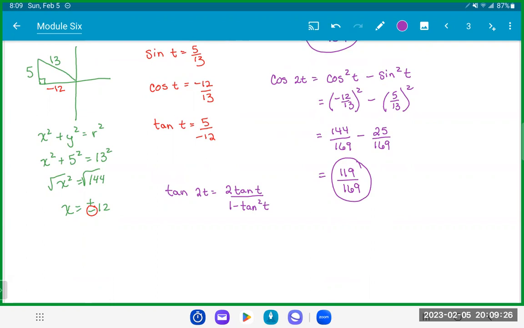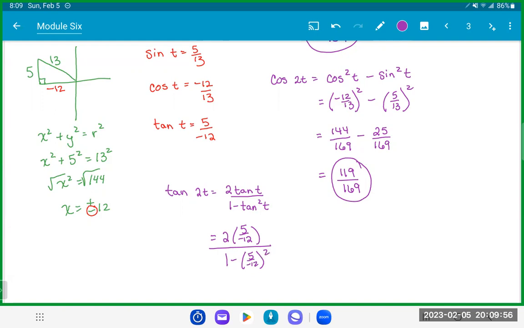Now what we want to do is just substitute in our tangent value that we have here. And so this gives me 2 times 5 divided by negative 12, divided by 1 minus 5 divided by negative 12, squared.